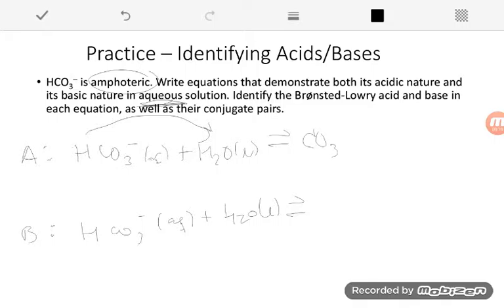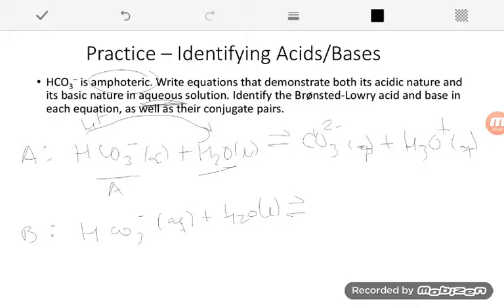The other thing to keep in mind is that when H travels, it always travels as an H+. So it always takes a positive charge with it. So instead of just being CO3-, I have to take away another positive charge. So it's going to be CO3 2-, aqueous. Meanwhile, that H+ travels over here and joins up with the H2O. So that's going to form my hydronium ion, H3O+.